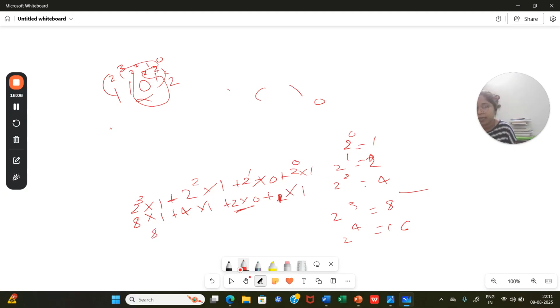So 8 into 1 is 8, plus 4 into 1 is 4, plus 2 into 0. Any number with 0 is 0 only. Plus 2 power 0, 1 into 1 is 1. So 8 plus 4 plus 1 is 13.